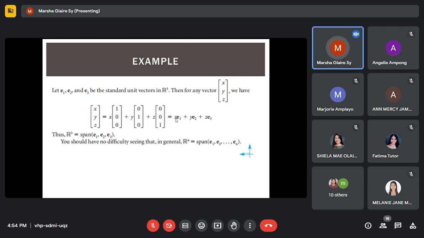So we have here x e1 plus y e2 plus z e3. Thus, R3 equals the span of e1, e2, e3. So in this part, what it shows is that x, y, z must be spanned by these vectors, as you can see.